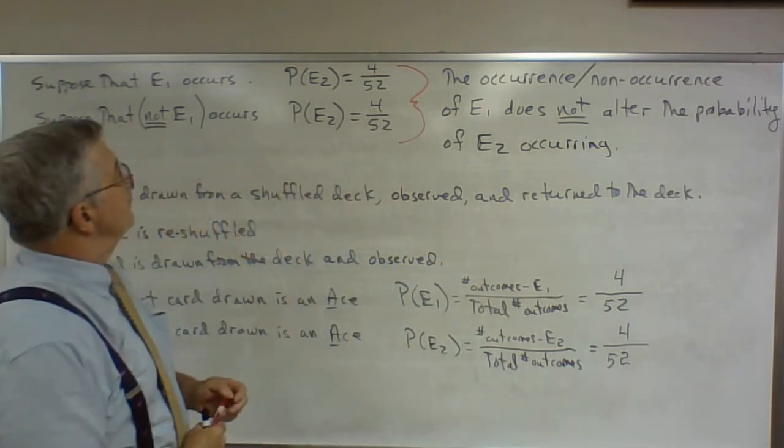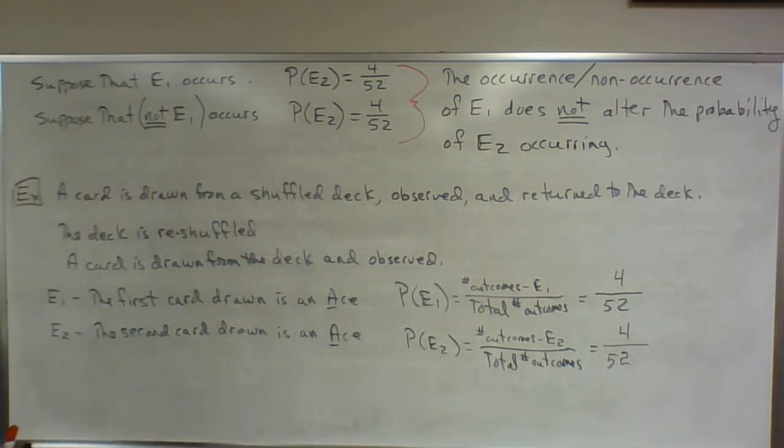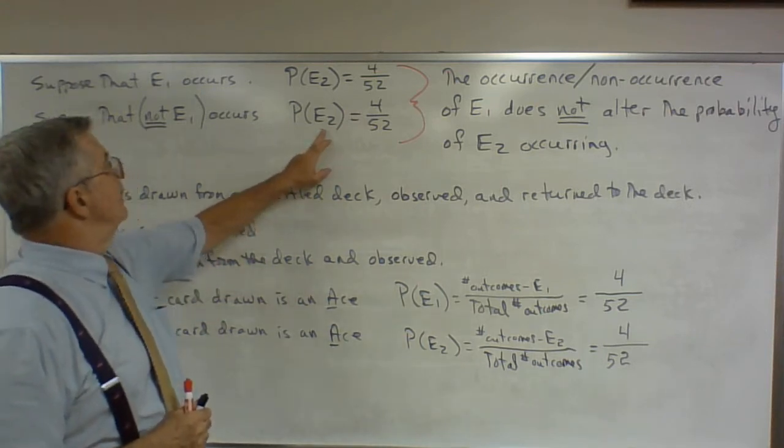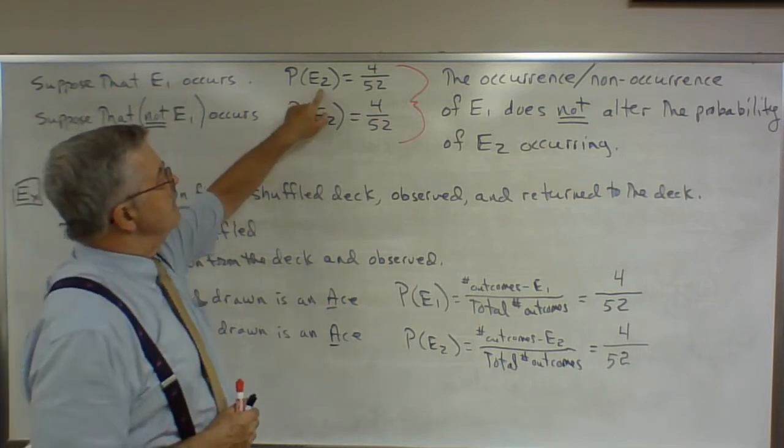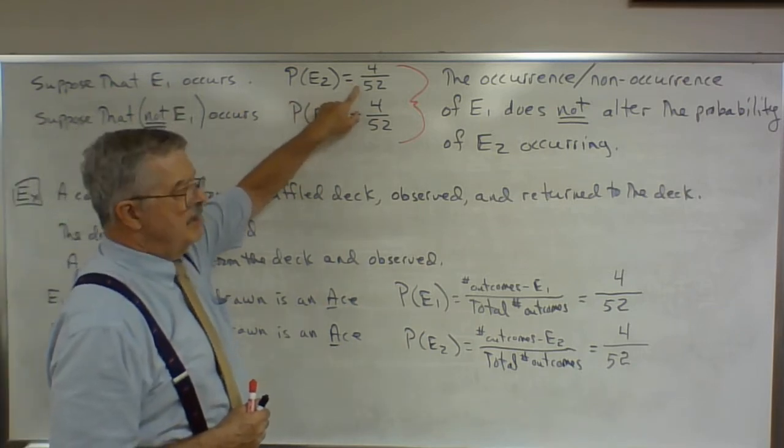The occurrence or the non-occurrence of E1 does not affect the outcome. It does not affect the probability that E2 occurs. If E1 occurs, the probability that E2 occurs is 4 out of 52.